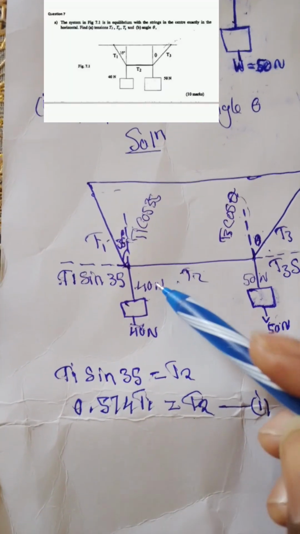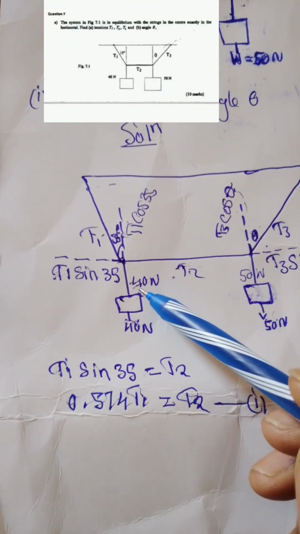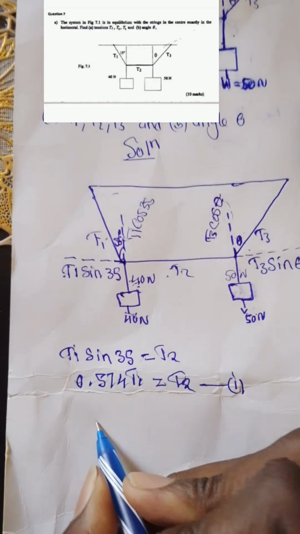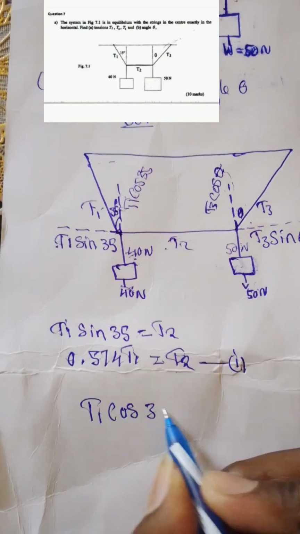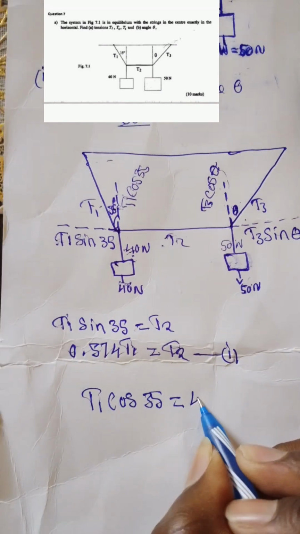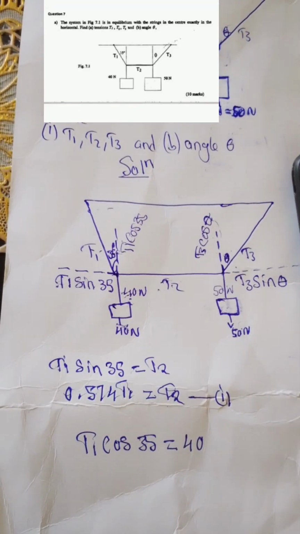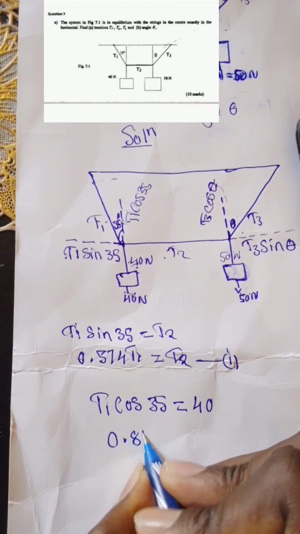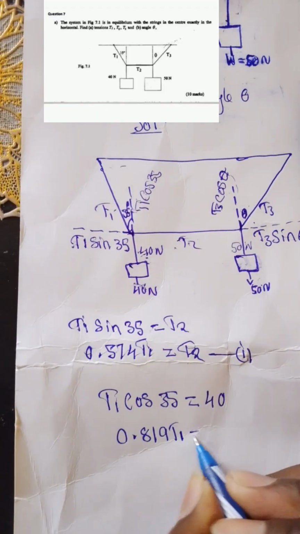Now let's equate the downward forces to the upward forces. So we'll get 40 newtons equal to T1 cos 35. So T1 cos 35 is equal to 40. So what's cos 35? Cos 35 is 0.819. So 0.819 T1 is equal to 40.